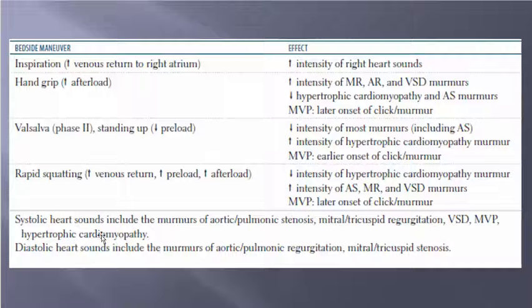And then you have systolic heart sounds. These include the murmurs: aortic, pulmonic stenosis, mitral, tricuspid regurgitation. Diastolic heart sounds include murmurs: aortic, pulmonic regurgitation as well. These are what should be happening in your bedside maneuvers if you were to perform them on an exam.